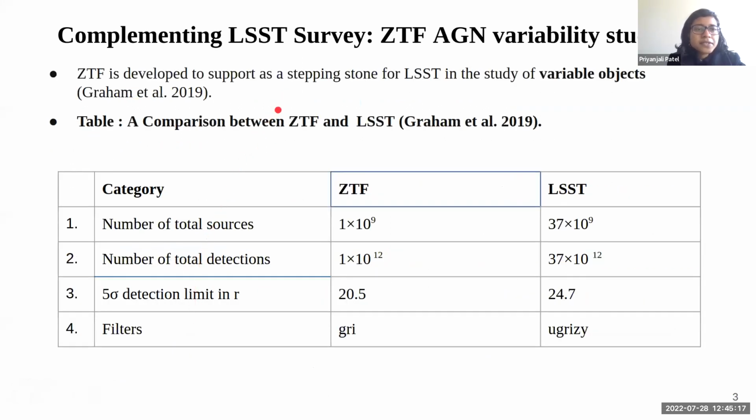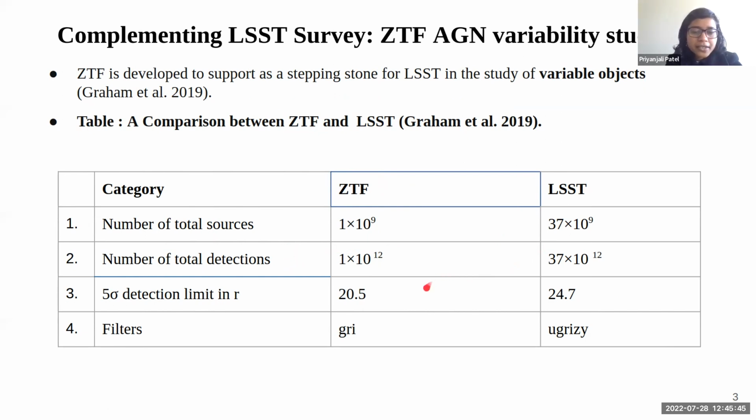Also, the ZTF survey is designed to serve as a stepping stone for LSST in the study of variable objects. Here is a table to compare the ZTF survey with LSST. As you can see in the table, the number of total sources and the total detections in the ZTF survey is significant compared to the LSST survey.